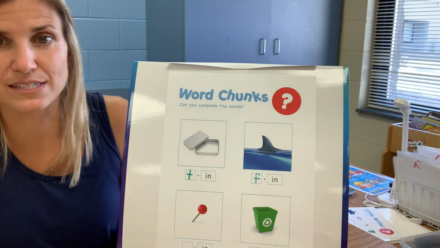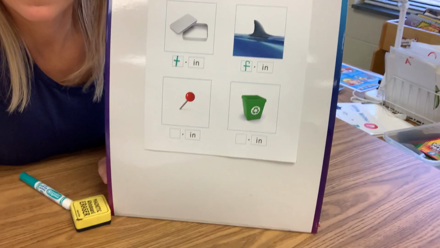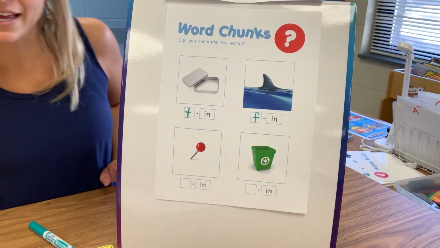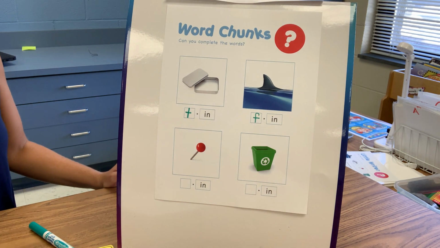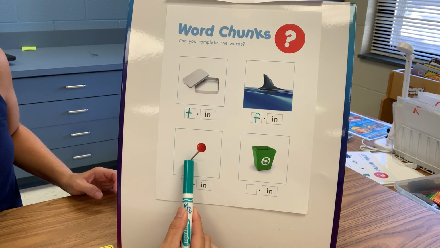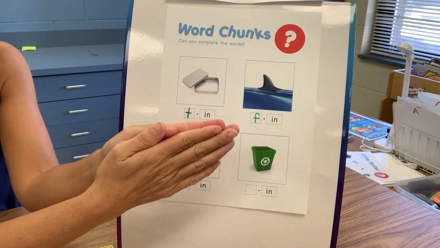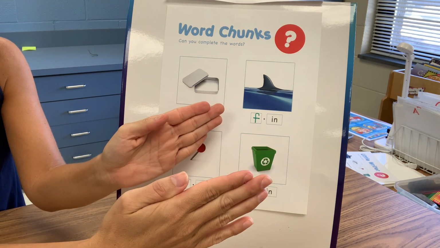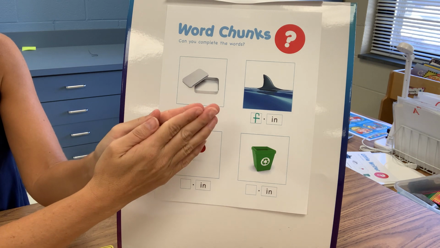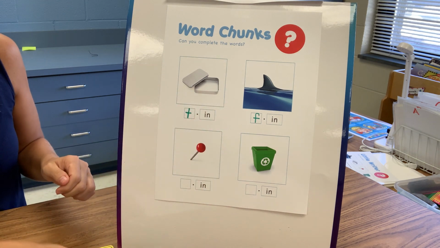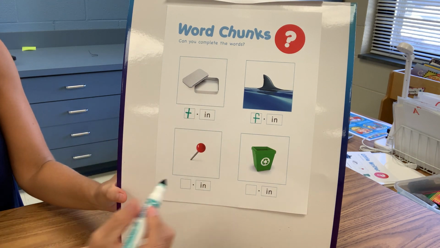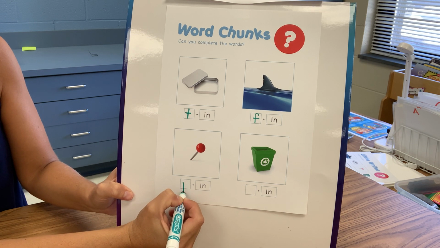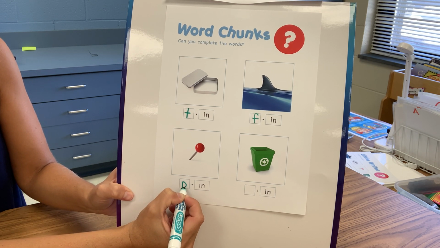Now, let's look at this bottom part. We have the word pin and the word bin. So let's look at pin. Let's stretch it. Do your hands like Miss Farrell. P-I-N. Let's stretch that first sound. P, p, p, p. What letter says P? The letter P for pin.